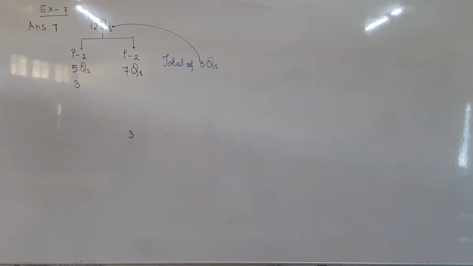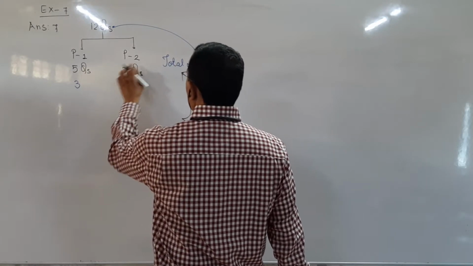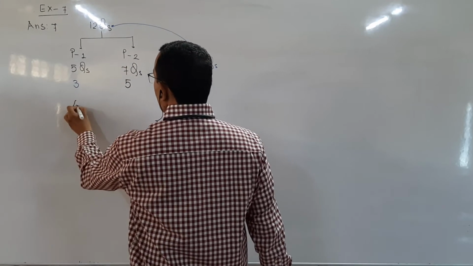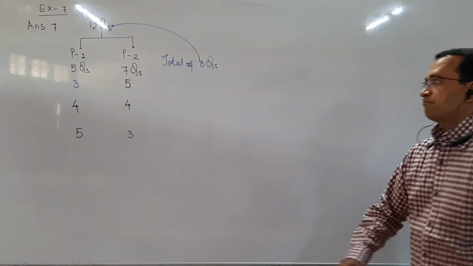So once again, students, this is a sum of restricted combination. Why combination? Because it is selection. So if a student selects 3 questions from part 1, he has to select 5 questions from part 2 to make a total of 8. 4 from each, and 5 and 3 respectively.